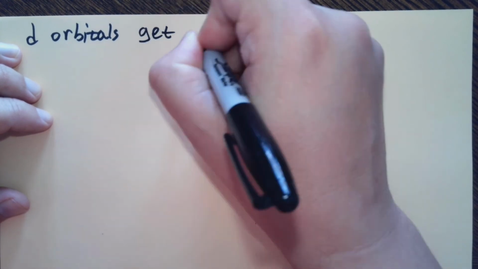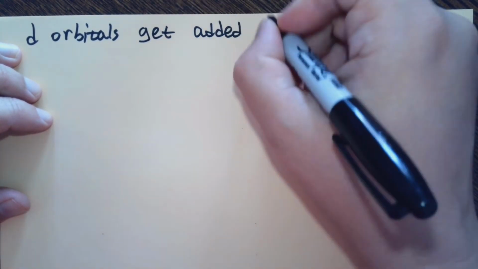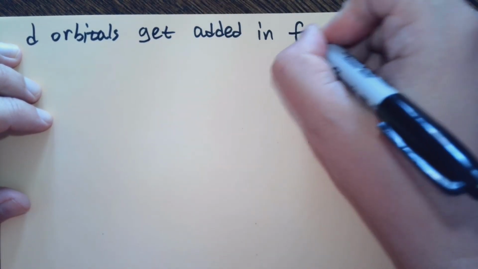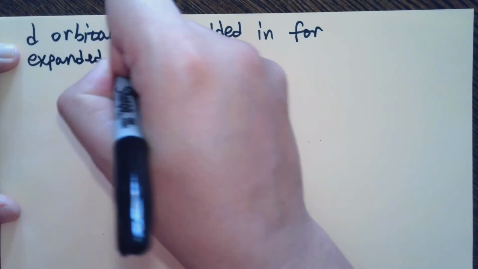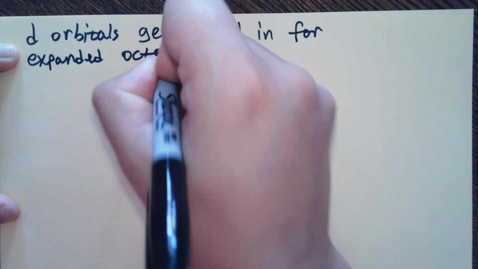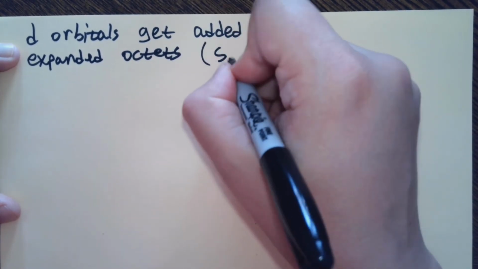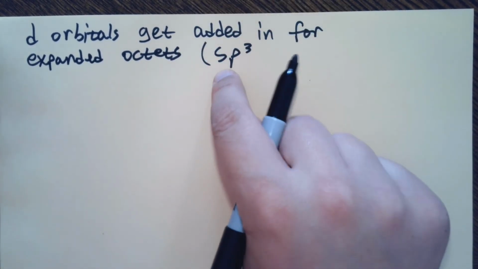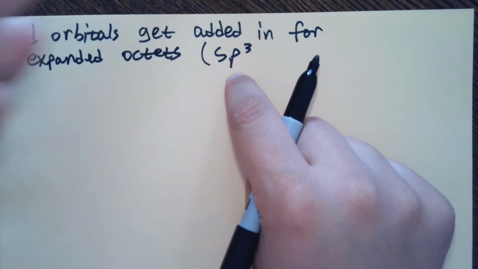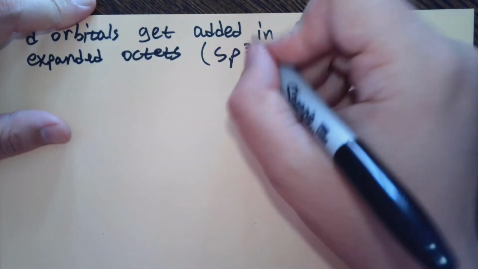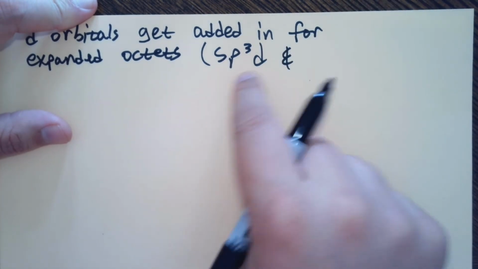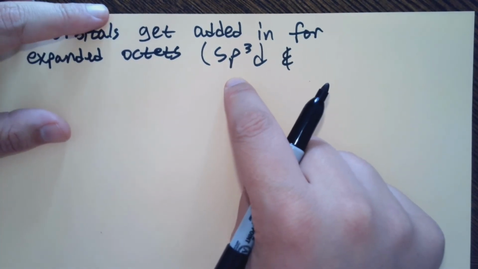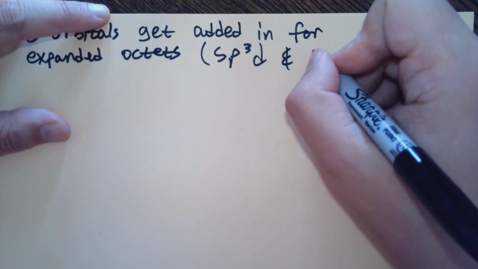So they get added in for expanded octets. And so we can mix an s with up to 3 p orbitals. Then we're out of p orbitals. What do we do? Bring in a d orbital. And so that's trigonal bipyramidal geometry. Or, what about octahedral?